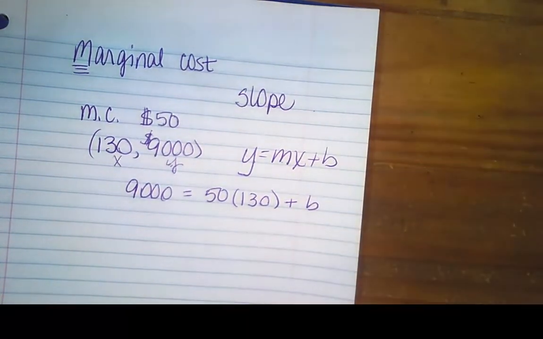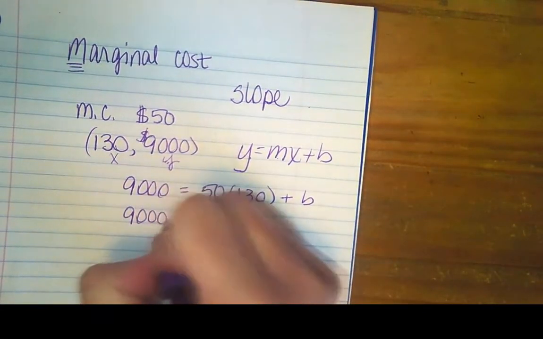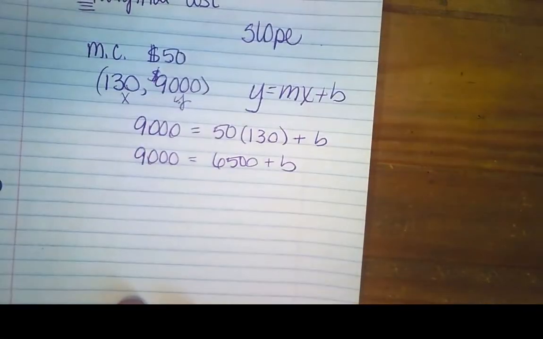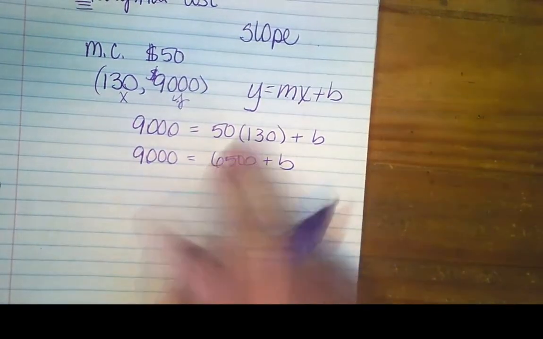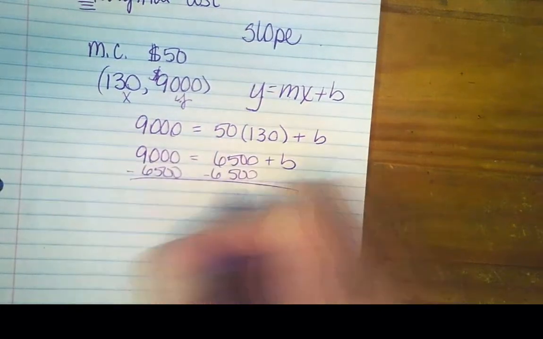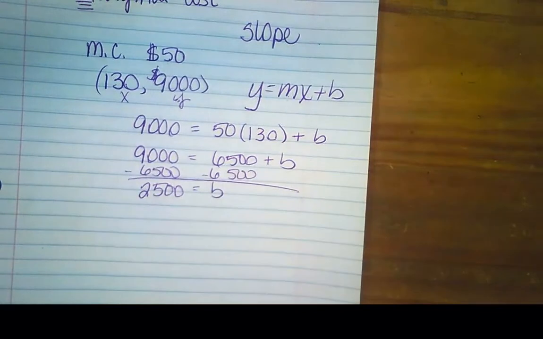So what is 5 times 130? 5 times 130 is going to give you 650. So 50 times 130 is going to give you 6,500. Okay? So this is 6,500 plus b. Well, now how do I get b by itself? I'm going to subtract 6,500 from both sides, and that's going to give me 2,500 is what b is.